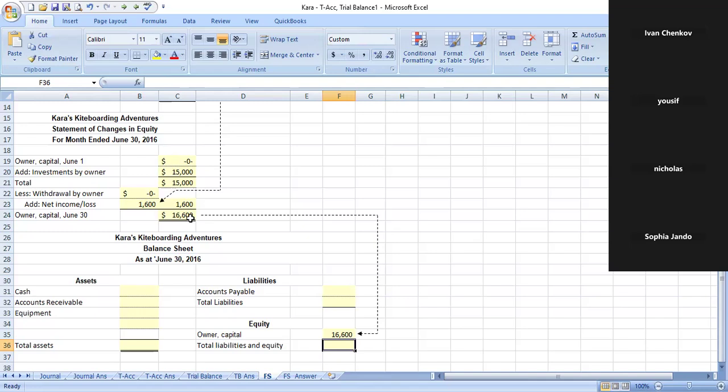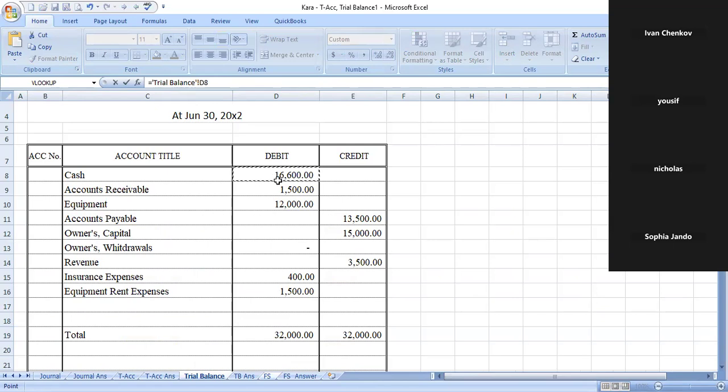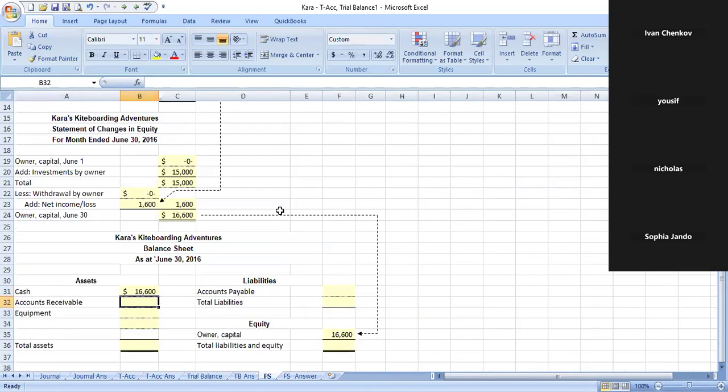The last thing that we have to do is to see, do we have assets in the company? Yes, we do. What kind of assets do we have? We have cash. How much cash do we have? From the trial balance, I have 16,600 in cash.